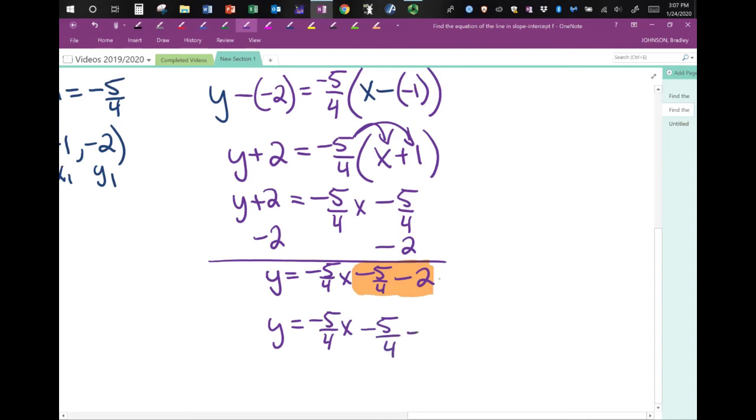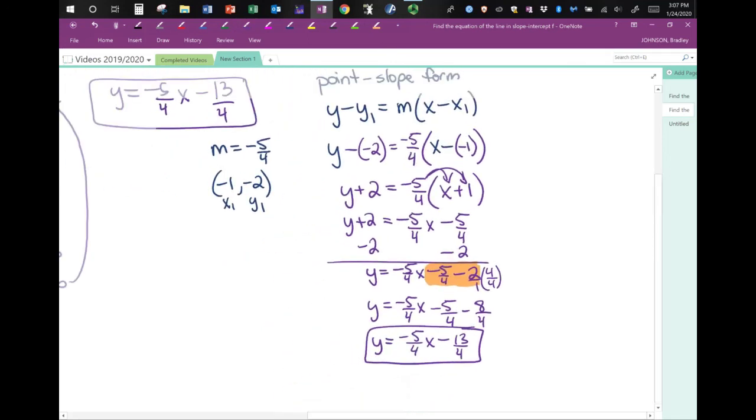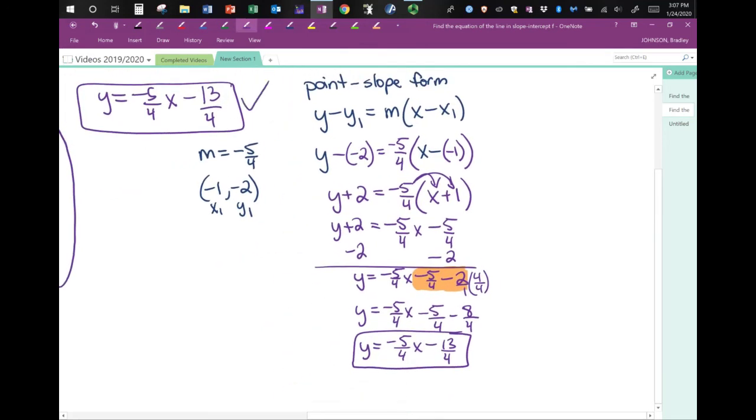So if we had to make a common denominator of 4 here, we have to multiply by 4. And that made 8/4. And that simplified nicely into -13/4. And as you can tell, if I zoom out, earlier this was our solution using slope-intercept form, and this is our solution using point-slope form.